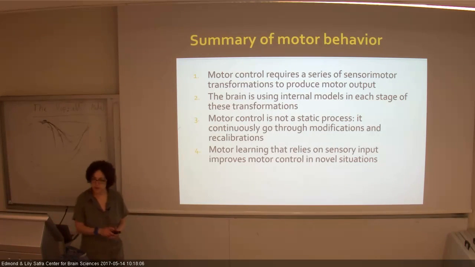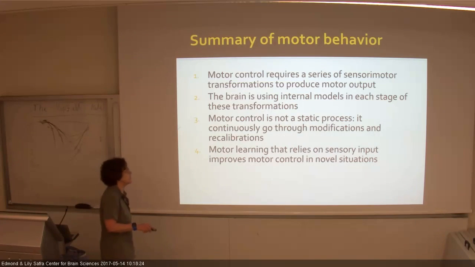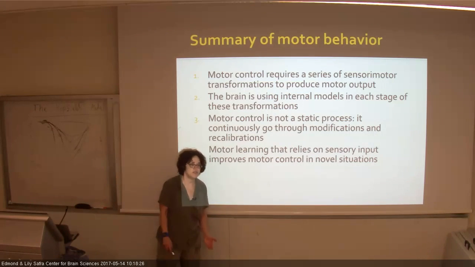You get a new mouse, the sensitivity is different. It takes no time. You don't even think about that, right? You're immediately able to recalibrate your system. Motor learning relies on sensory input and improves motor control in other situations.